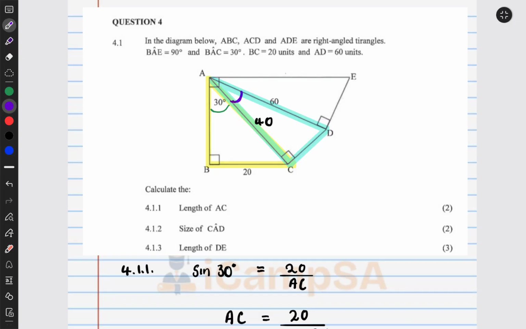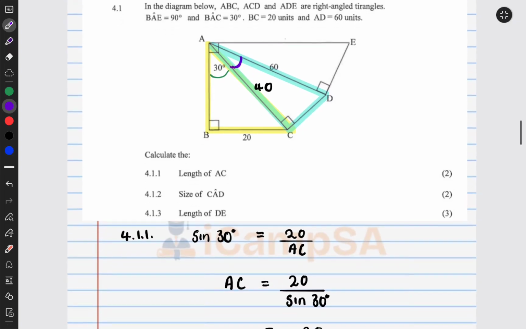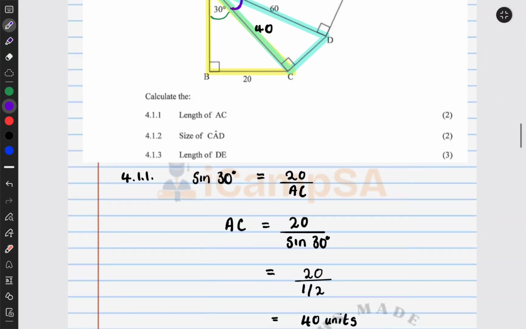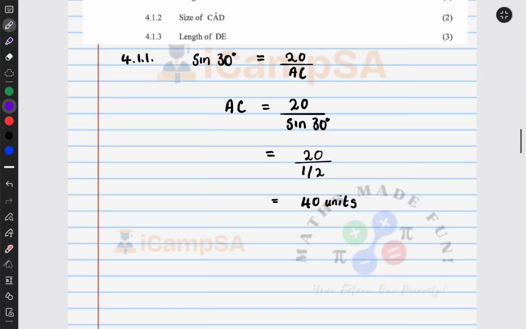We have side AC, which is adjacent. It is next to that angle A that we are looking for. And then we have side AD, which is 60 units, and AD is the hypotenuse side. So we are dealing with the hypotenuse side and the adjacent side. That tells us we're going to use the cosine ratio.